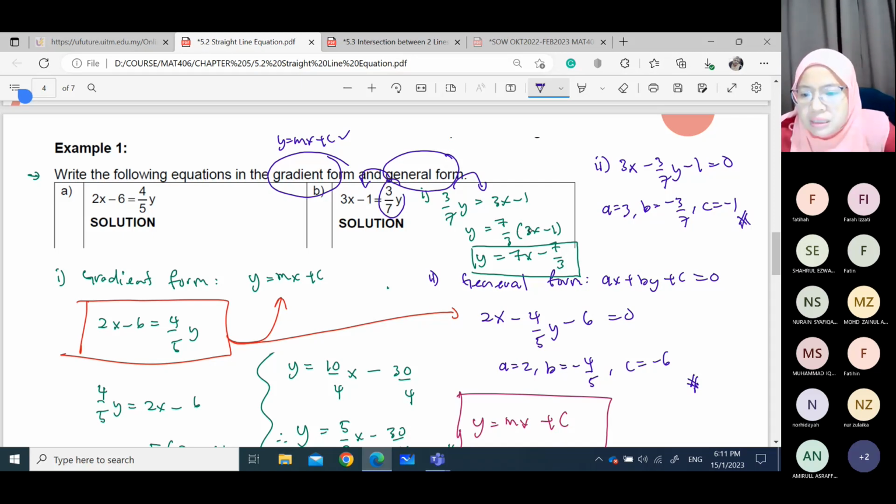So multiply, expand and simplify, then we have this equation which is y equal to 7x minus 7 over 3. Okay.